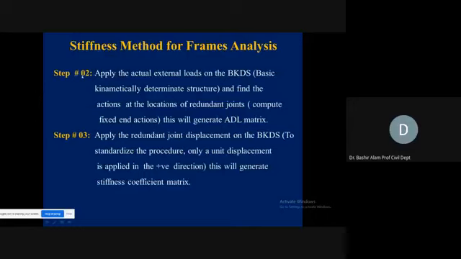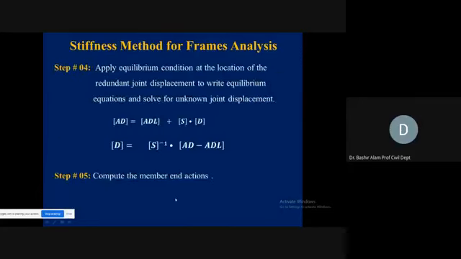Remember, from step number 2 you will be completing your AML values, and from step number 3 you will be completing your AMD values also. Now step number 4: we have AD from step number 1, ADL from step number 2, and S from step number 3, so now the only unknown is D. So we rearrange this equilibrium equation in terms of this unknown D, and this becomes D equals S inverse times (AD minus ADL).